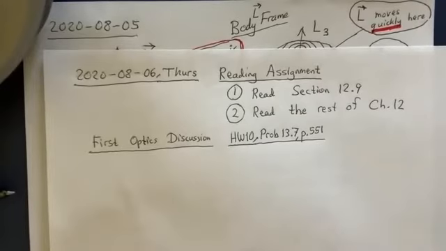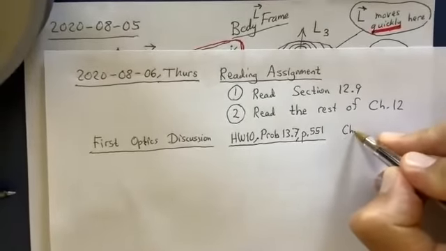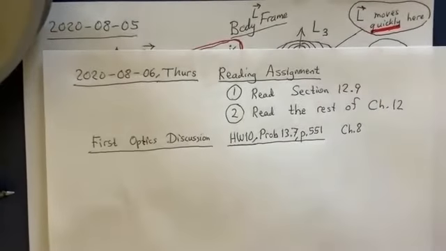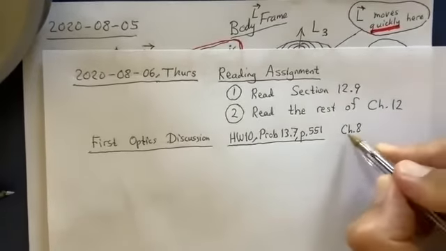Let's look at chapter 8. Let's compare this with chapter 8. It's useful to see the universality, to see the interrelatedness of all things. Chapter 8, let's look at equation 8.39.